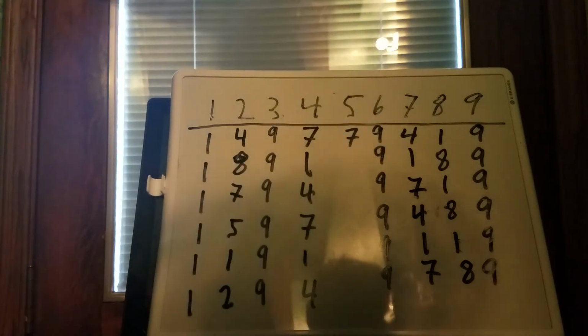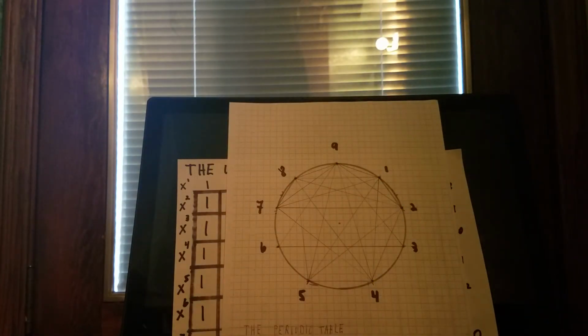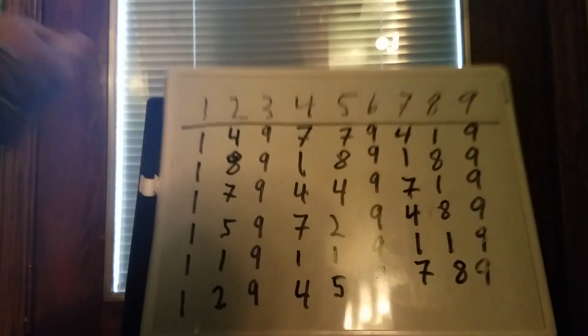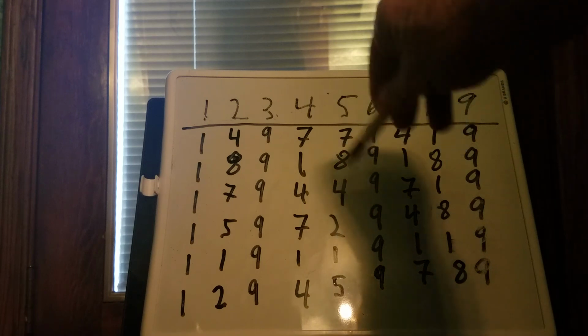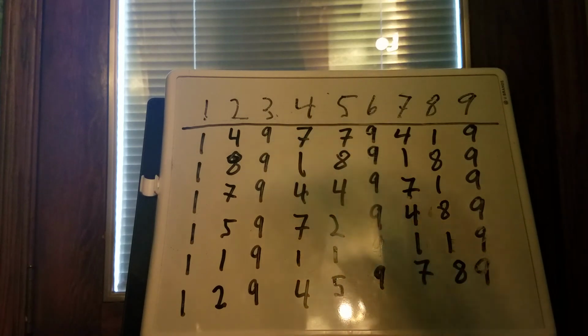Up here we have the 7. So we just do the 248751 on that one. And I've done that one, so we have 248751.